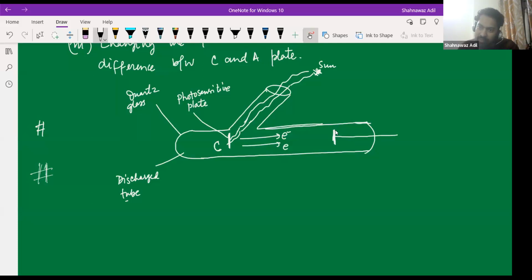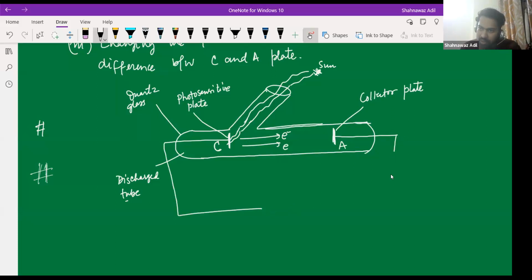This plate would be called the collector plate, and this is, let's say, plate A. Then we can supply some potential onto this plate.